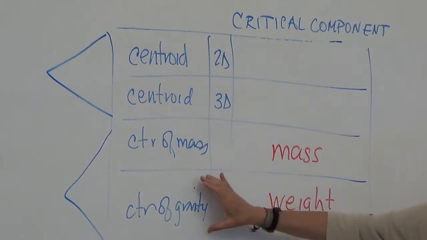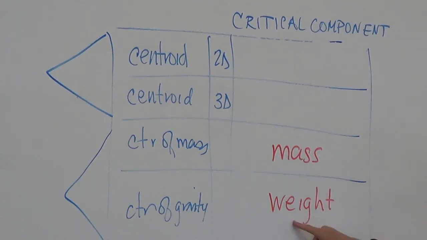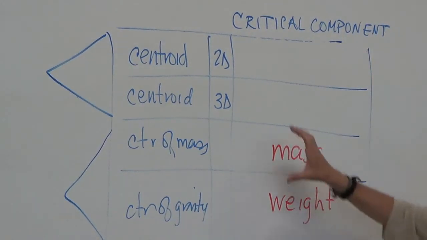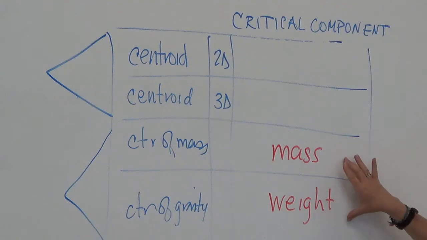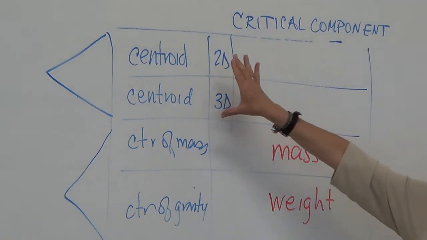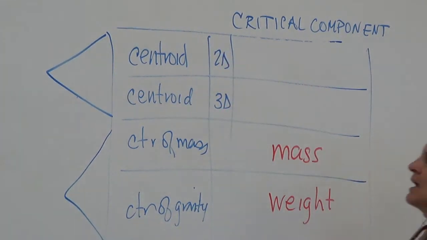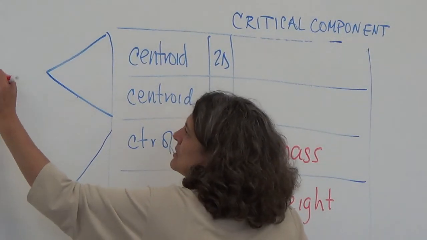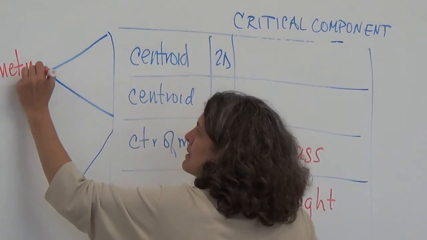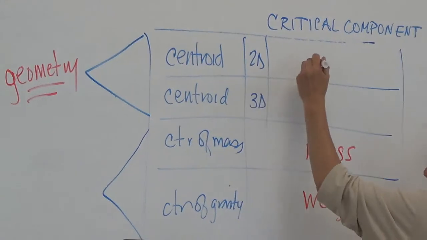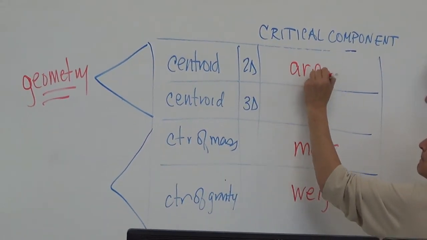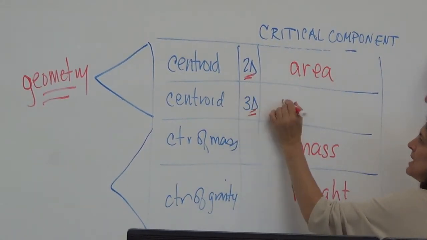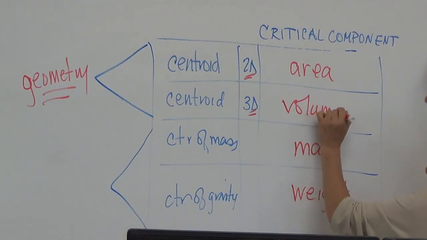Center of gravity has to do with weight, so it's mass times g. But these two centroids have nothing to do with mass and weight. What does it have to do with? Area. Okay, their geometry. And if it's 2D, it is area. And if it's 3D, it's volume.